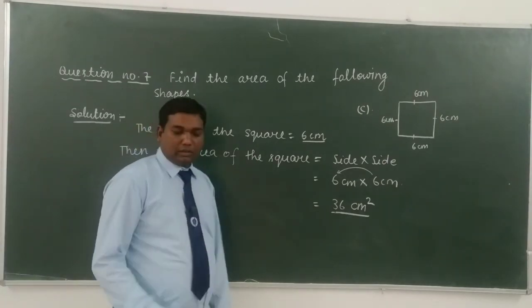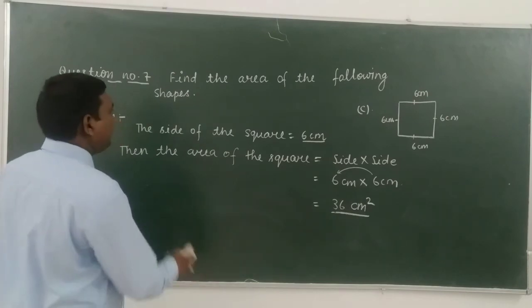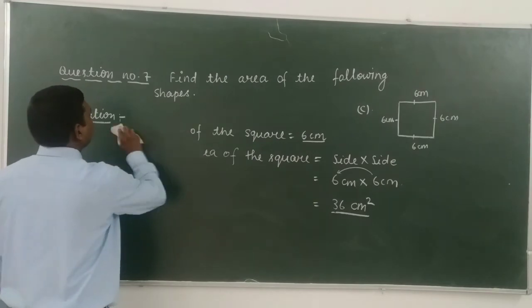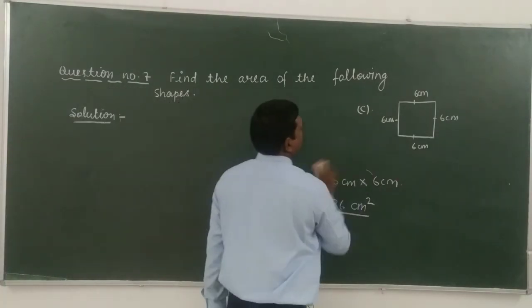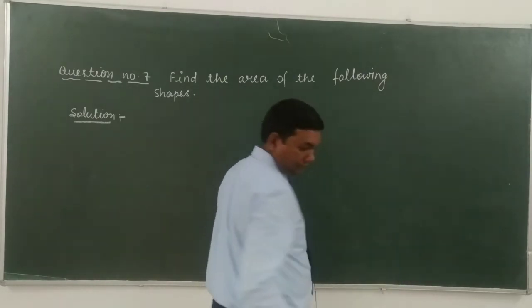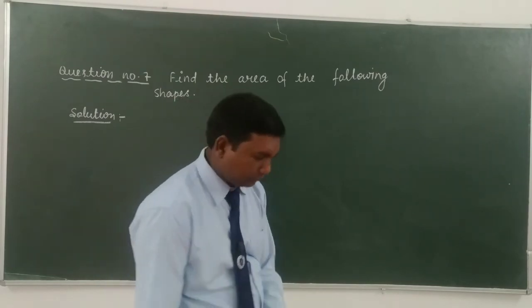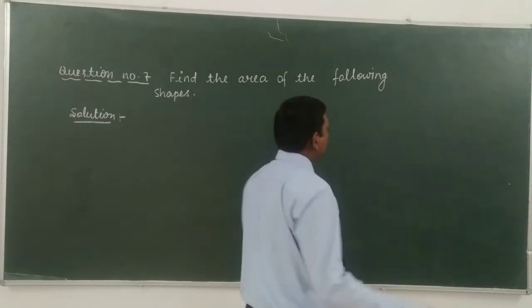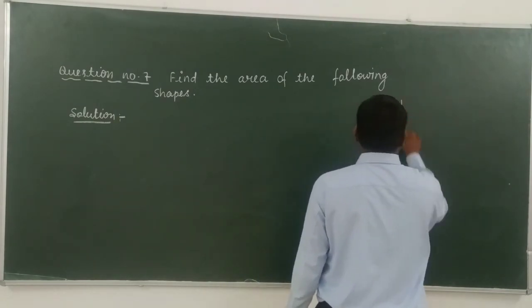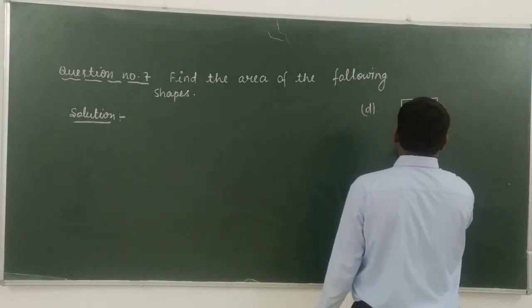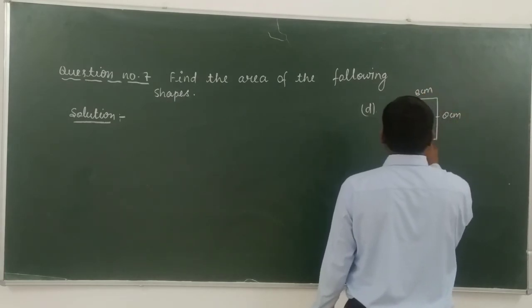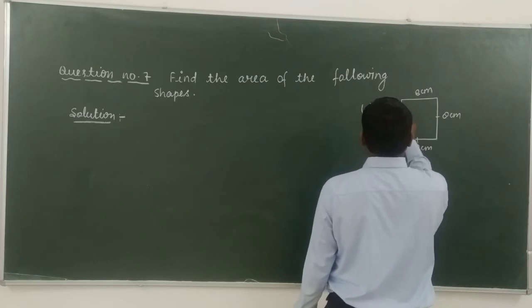Okay, now let's start question number 7 of D. Now read this, and write some in your fair copy. Look at here carefully, question number 7 of D. 8 centimeter, 8 centimeter, 8 centimeter, 8 centimeter.